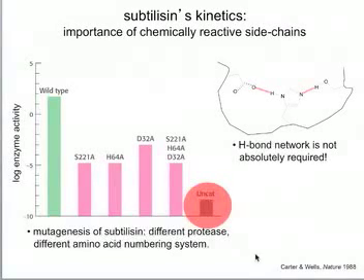Now, what I was trying to draw your attention to before is this uncatalyzed rate constant. In fact, what we see is that there must be something about the enzyme itself that isn't part of the active site itself that still supports hydrolysis of the peptide bond. So the hydrogen bonding network is not absolutely required for hydrolysis, and perhaps what we would invoke might be two things.